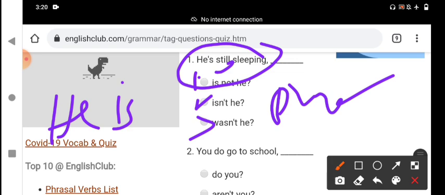The function of still here is adverb, and sometimes it functions as an adjective also. Adjective means staying at rest, not moving. For example, he dived into the still water of the lake.